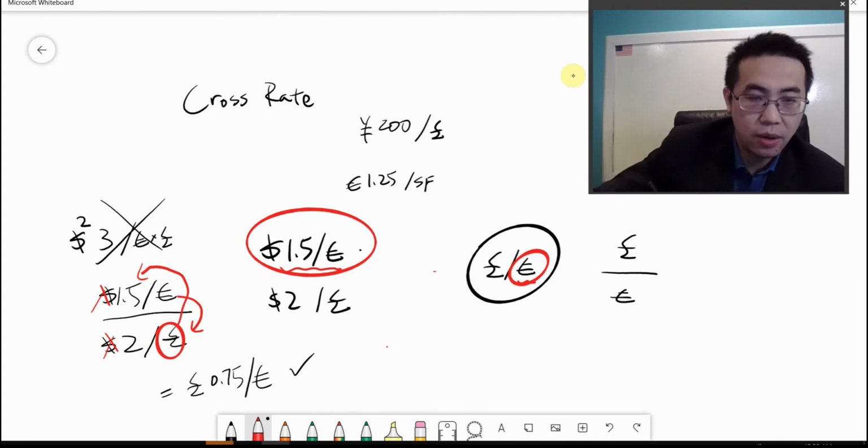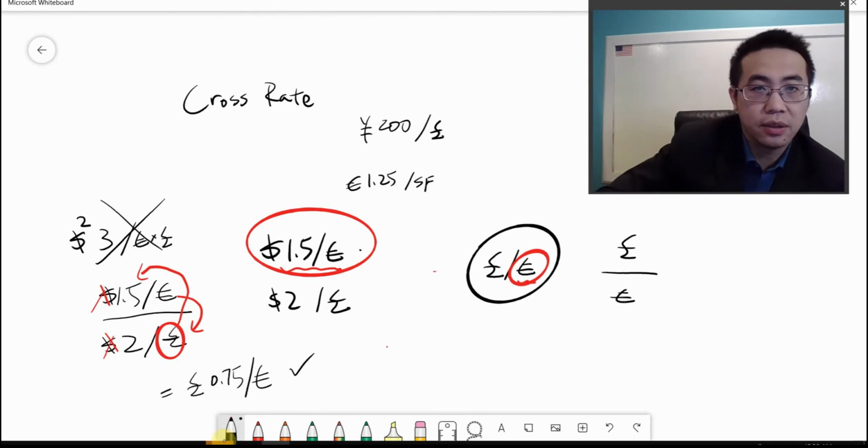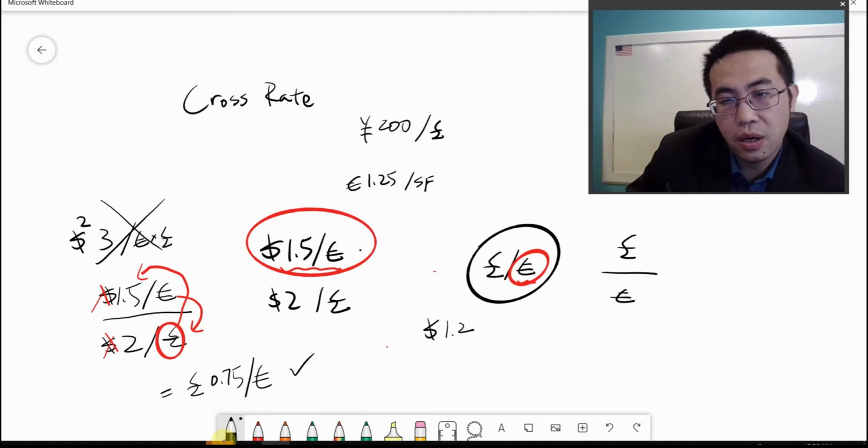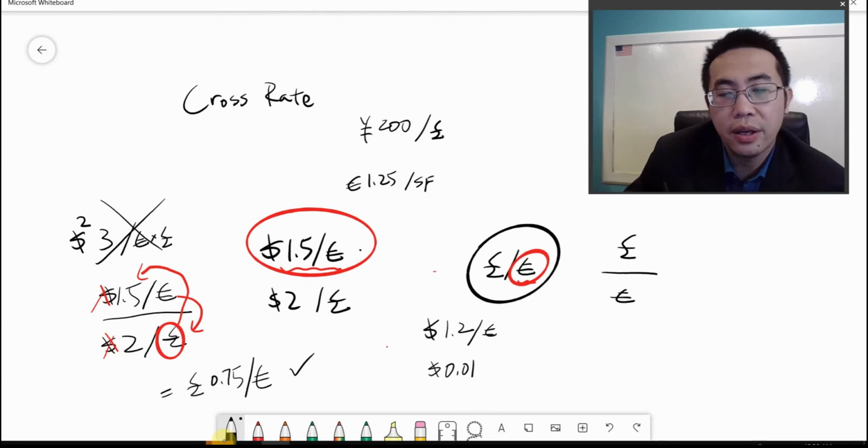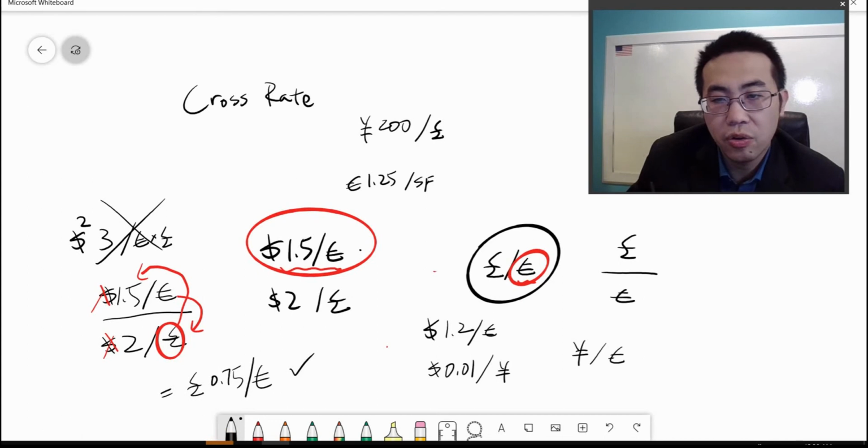Likewise, let's say I have two prices here: $1.2 per euro, and $0.01 per yen. And how do I get the amount of yen per euro?